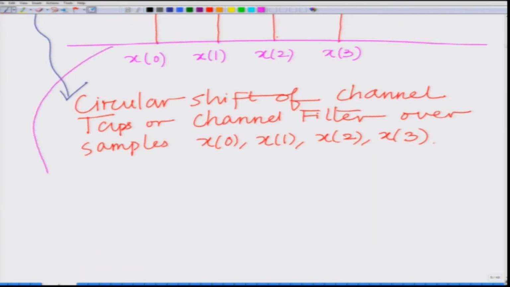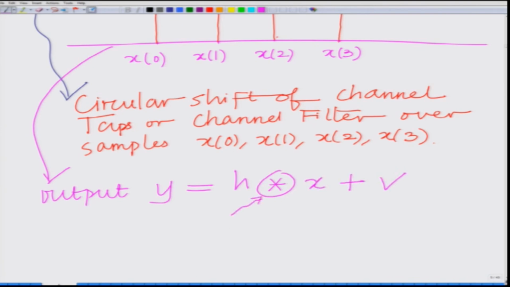So, the output Y equals H circularly convolved with X plus, of course, the noise V.